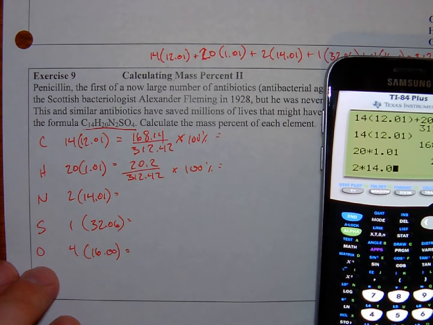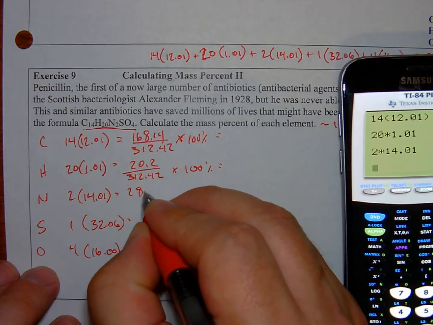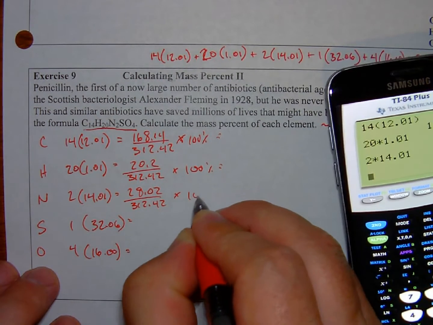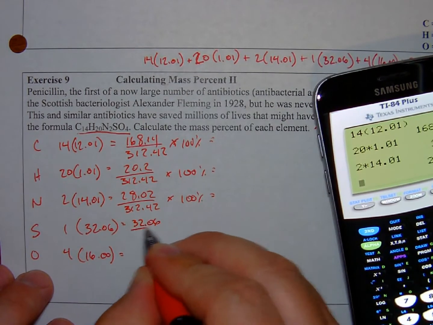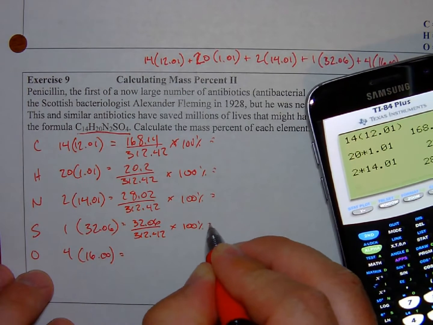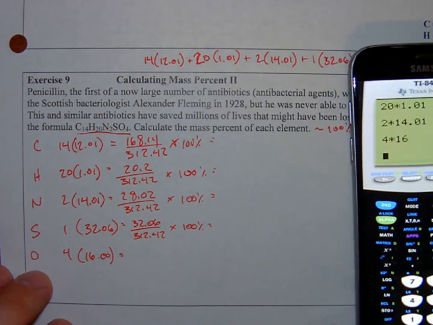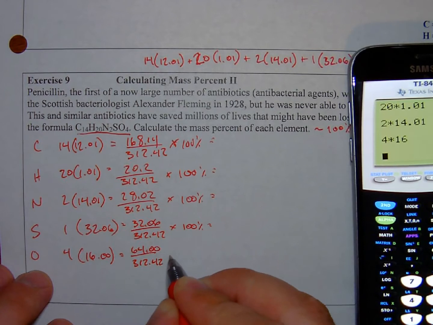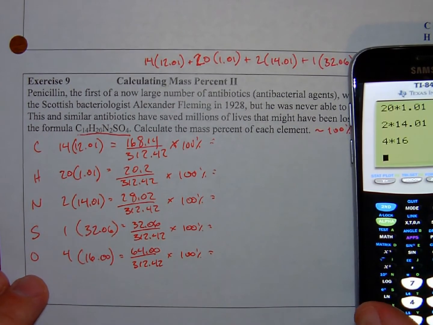There are 2 nitrogens. There's only 1 sulfur, so that one's easy. And then 4 oxygens divided by the total, again multiplied by 100%.